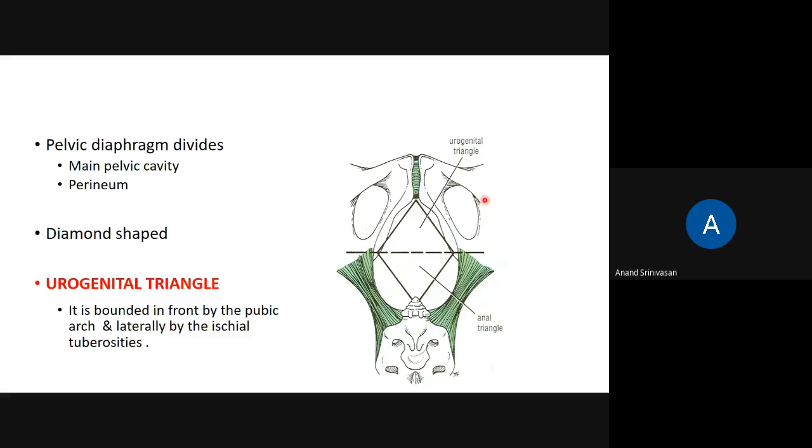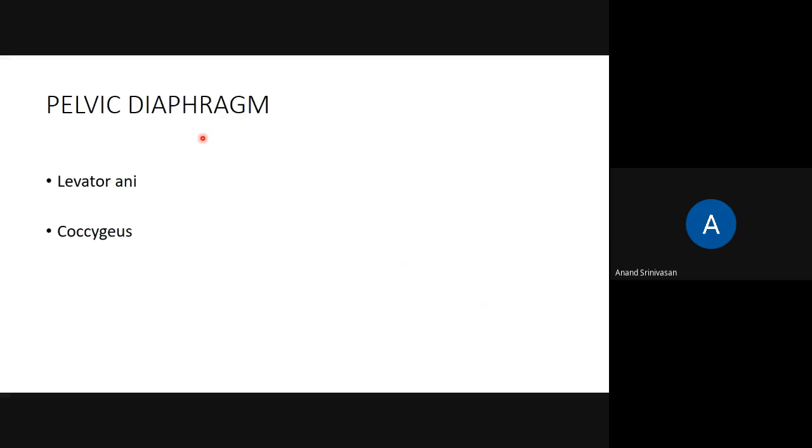There is a layer of muscle which prevents these structures from descending down. If such a big opening is there, they could descend, but it is prevented by the pelvic diaphragm.